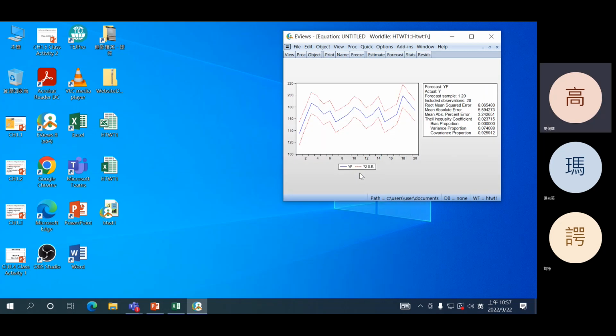Then I hit okay. Then I come back to my data. Where's my data? Where do I go back to my data set?